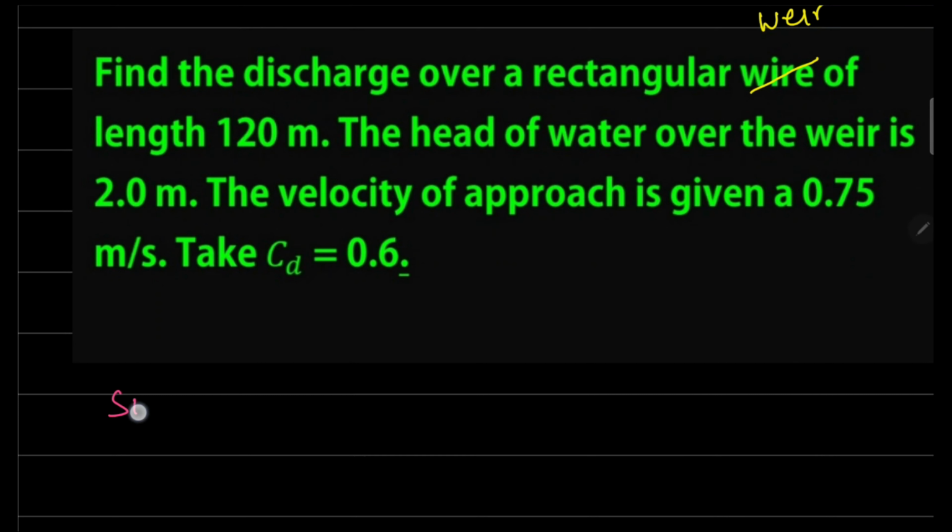So the solution of this problem can be found using the consideration that the length of the channel L is given to us, that is 120 meter, and the head over the weir, that is our h1, is 2.0 meter, or you can simply write it as h, that will be good.